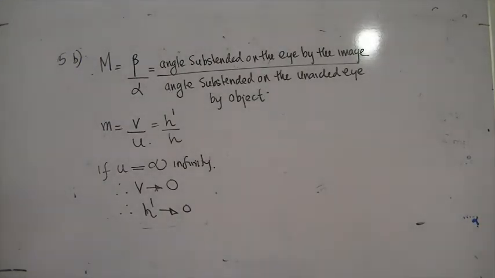Closer objects will subtend a much larger angle on the eye.